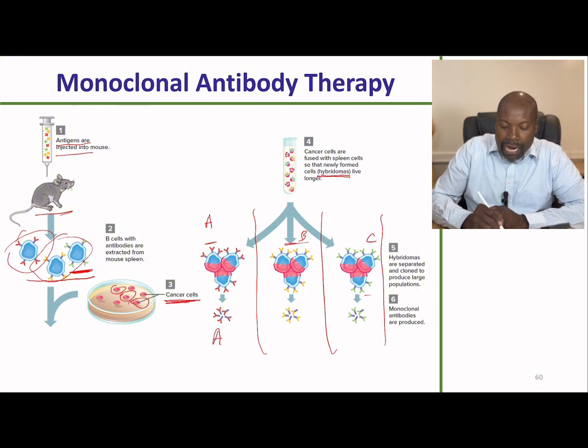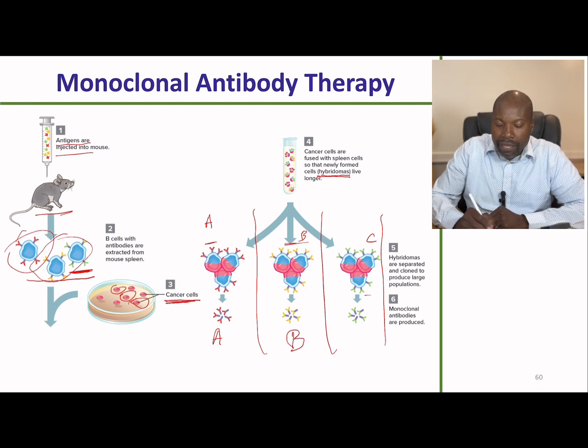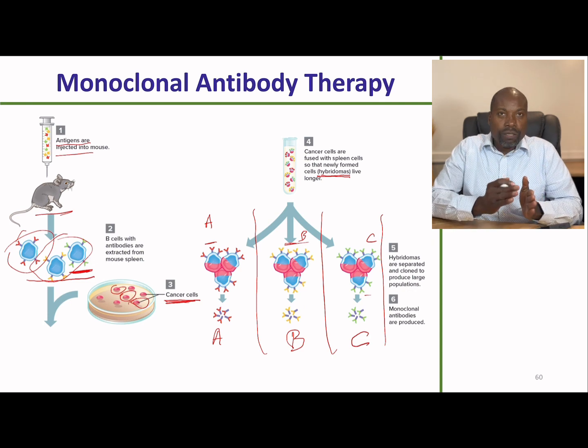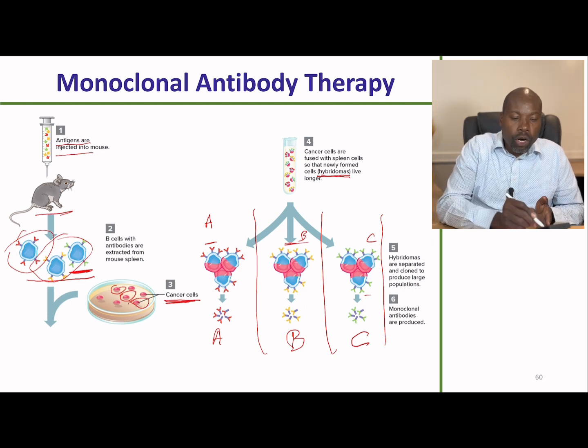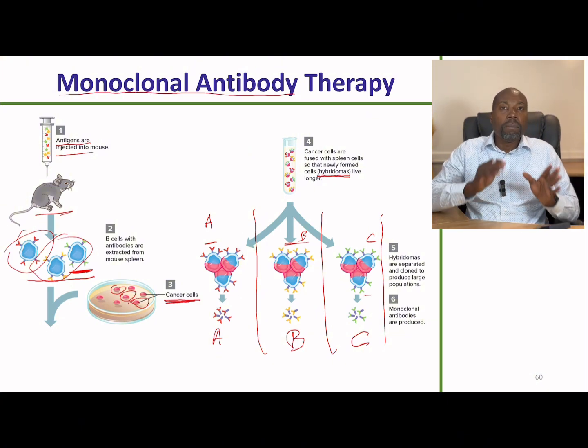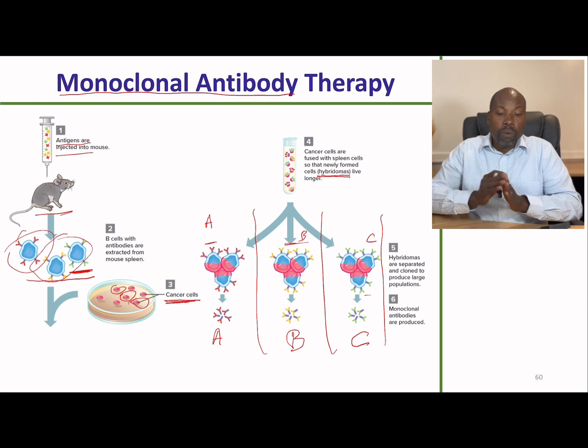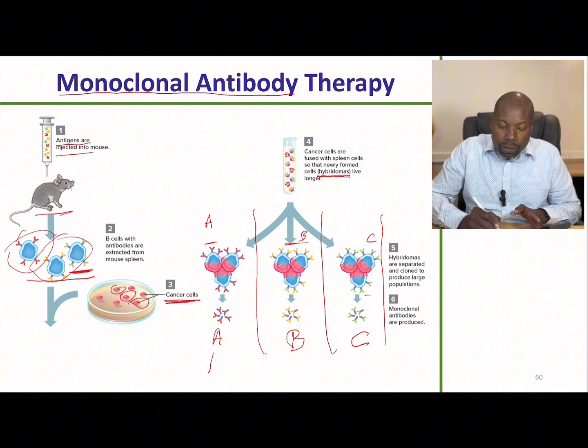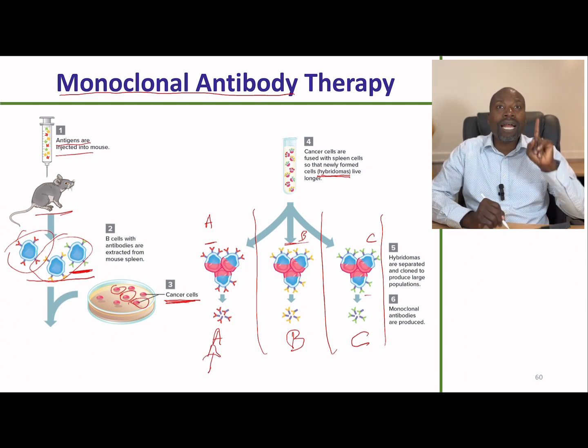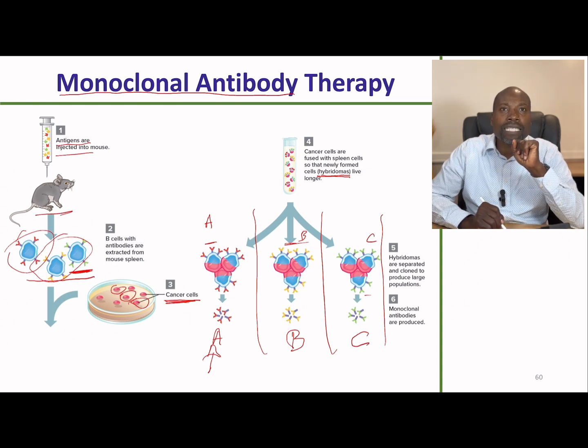Antibodies anti-A, antibodies anti-B, and antibodies anti-C. And each group of antibody represents a monoclonal antibody. Monoclonal antibody, meaning one single clone of antibody, so only one type of antibody is produced by that hybridoma.